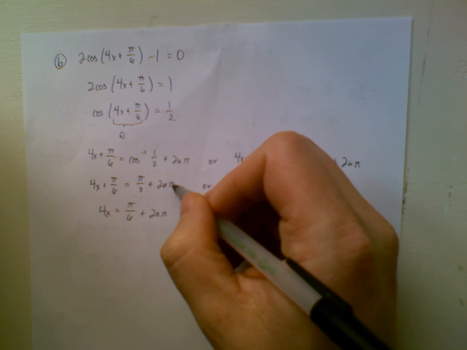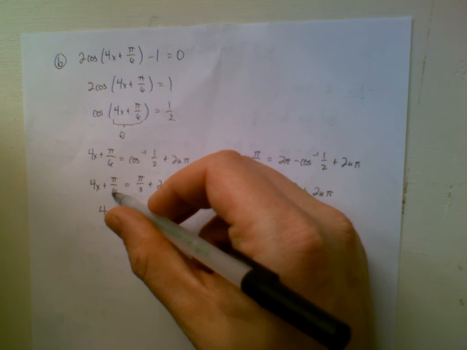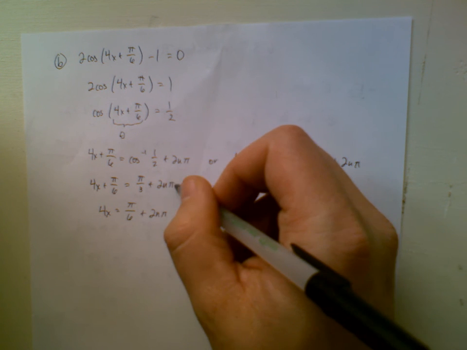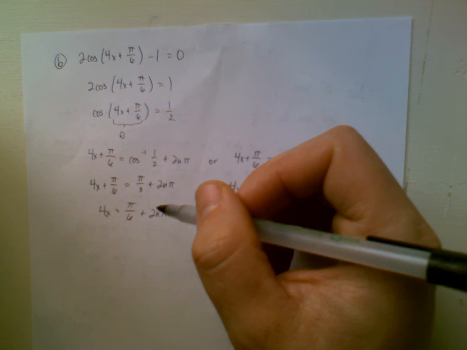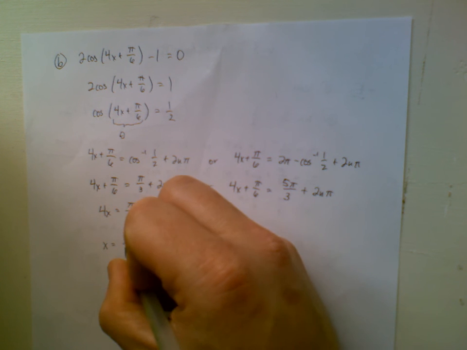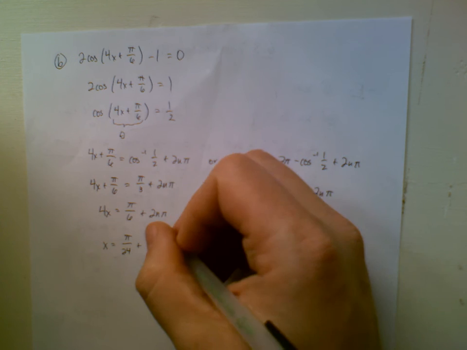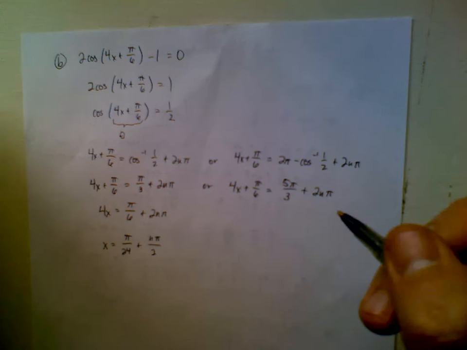We don't have to subtract π/6 from 2nπ, because if we've done the subtraction here, then we're done subtracting, and they're not like terms anyway. Okay, but now at this step we would divide by 4, so we would say x = π/24 plus, well, 2 divided by 4 is 1/2, so n π/2.